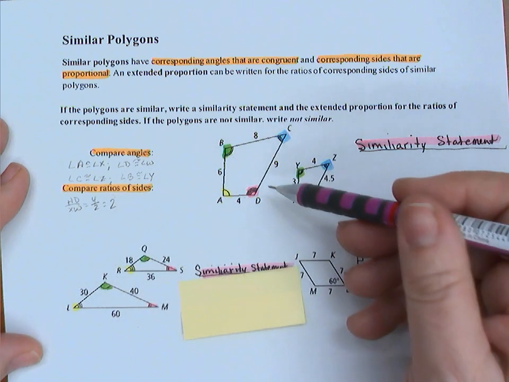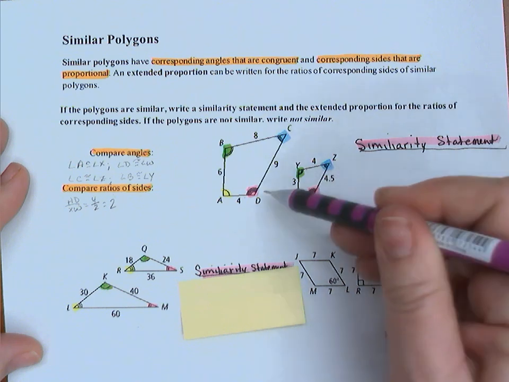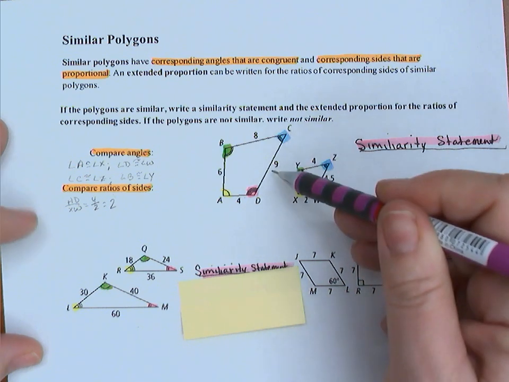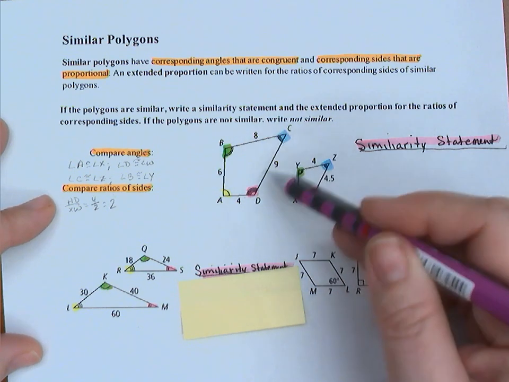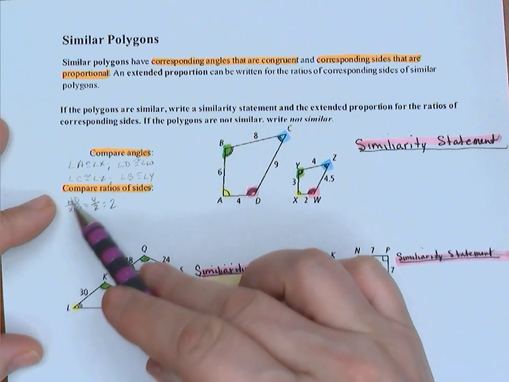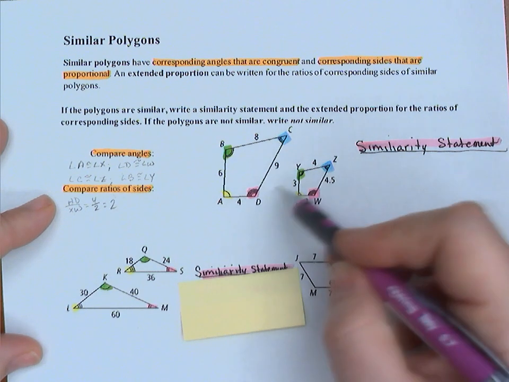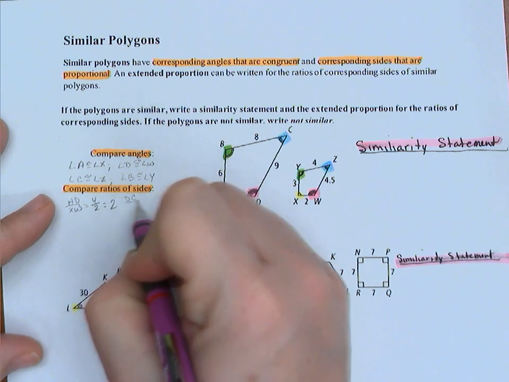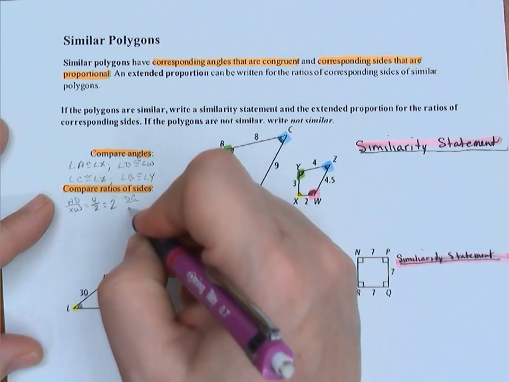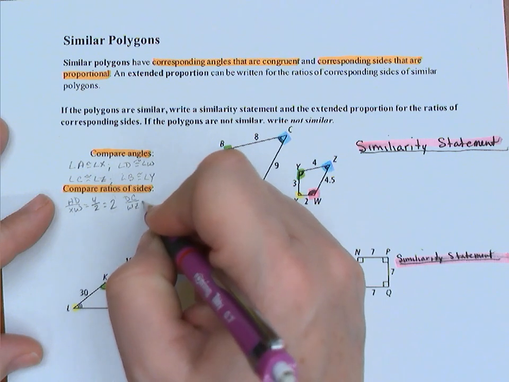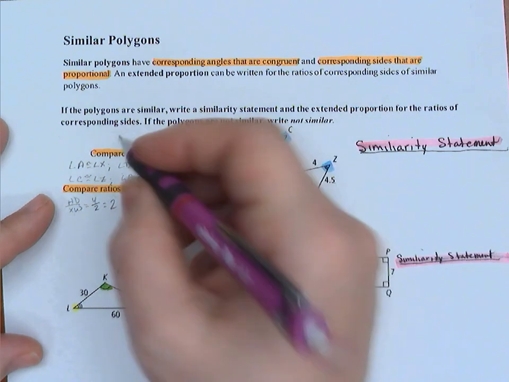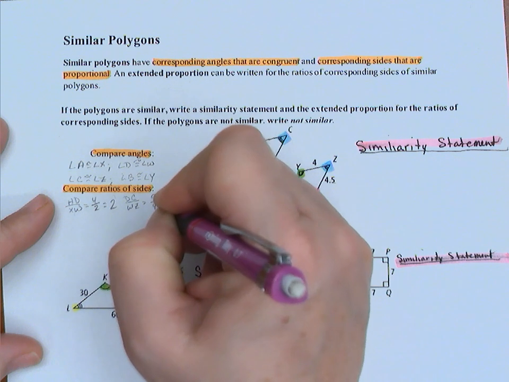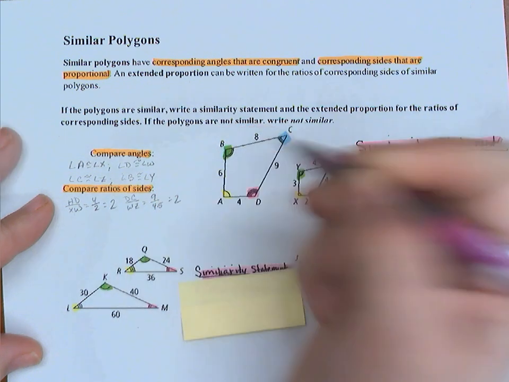Okay, so then I'm going to look at WZ and DC. The bigger figure is on top the way that I wrote it, so I have to continue to do that all the way around. So I'm going to have DC over WZ, which is going to give me 9 over 4.5, which also is 2.